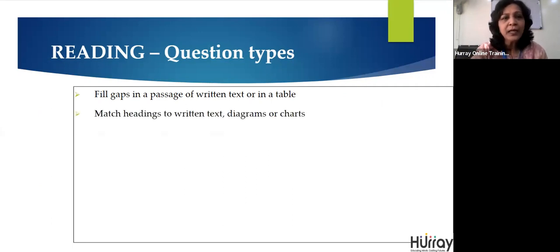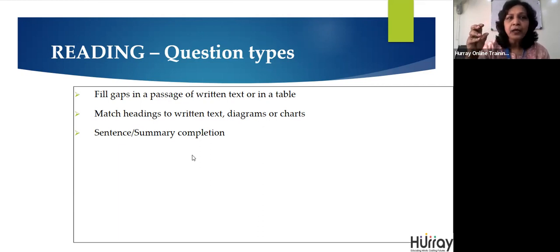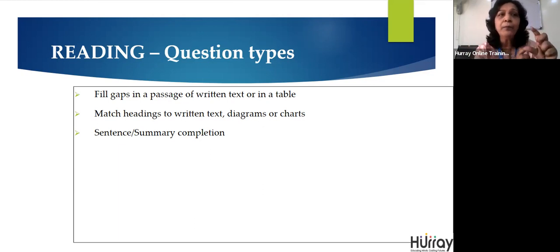There's another question type which also is filling in gaps. That is the third bullet point here, which is sentence completion or summary completion. You may have a sentence with a blank in it, either at the beginning, end, or in the middle. You have to fill in that blank. Or you may get a summary, a passage which is a summary of a text. They extract one portion of the passage, summarize it, and give it to you in the question booklet.